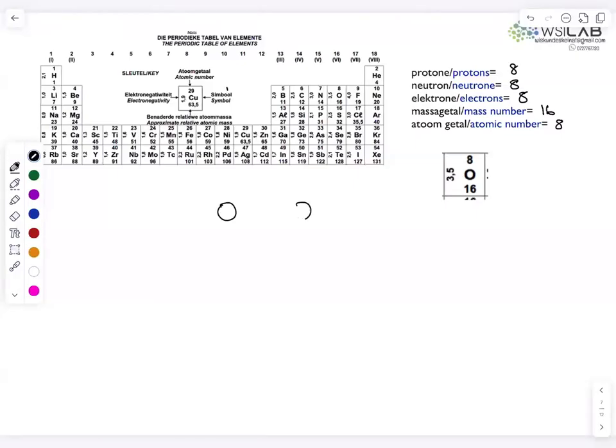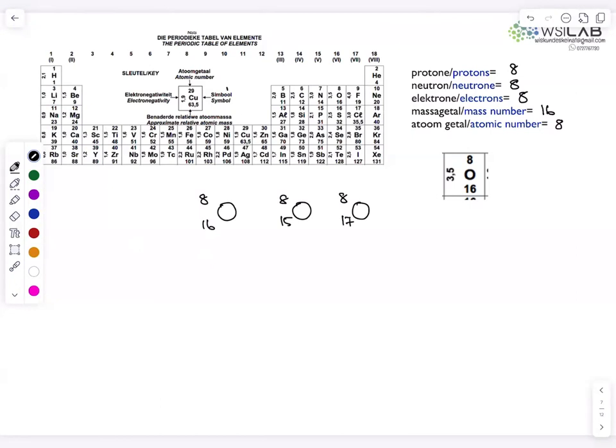I'm just going to show you something interesting. Oxygen always has 8 protons, but you can get various isotopes of oxygen. Oxygen can have the following isotopes. Look at that: oxygen with mass number 16, one with 15, and one with 17. The only difference here is the number of neutrons in the nucleus.